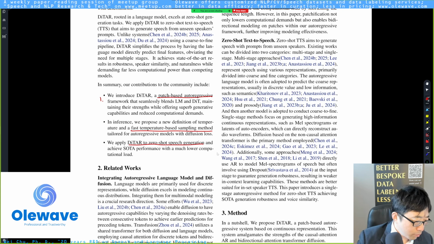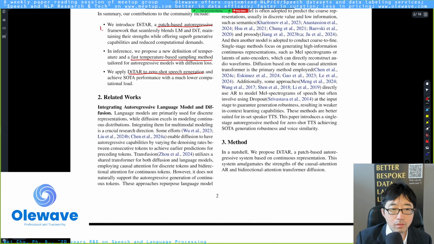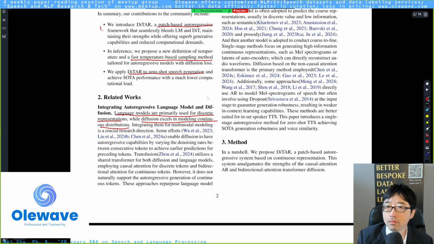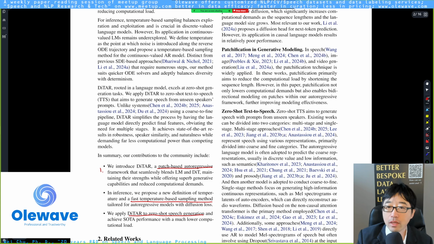Now we're gonna move quickly onto the related works. Well, this is very nicely written. Language models are primarily used for discrete representation, while diffusion excels in modeling continuous distributions. These are related works. For those of you who are interested, you should read them. I just want to highlight something here.